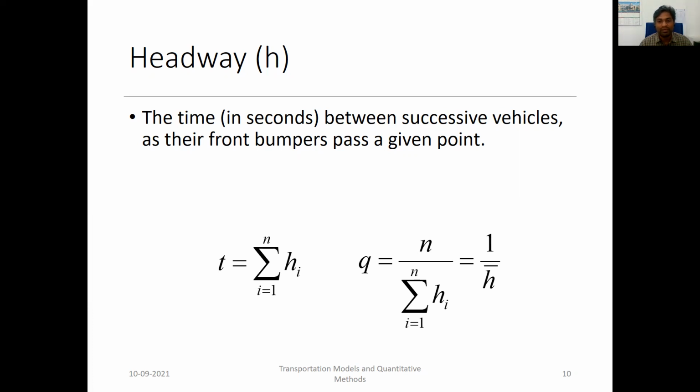When you are summing up and dividing with n, you will get the average headway of the vehicles using that facility at a given point, over the period of time. So Q is related to the microscopic quantity, that is the H value. So Q is inversely proportional to H bar. That is the relationship that exists between the flow rate and the headway.